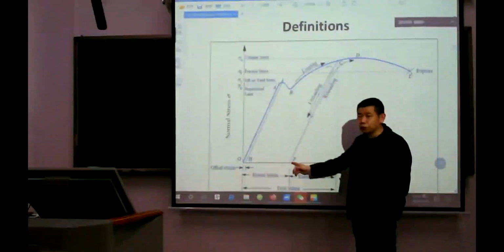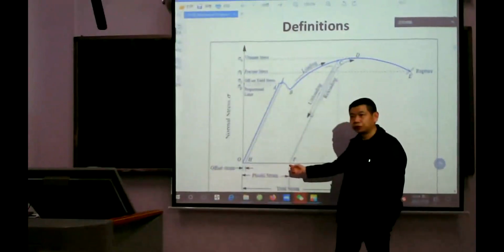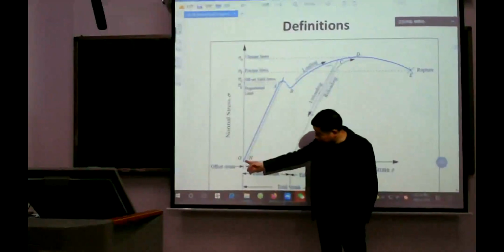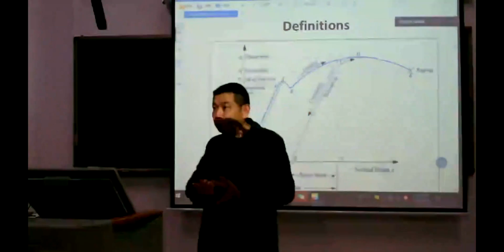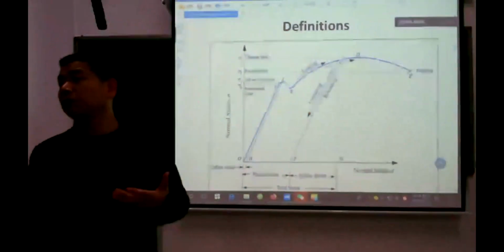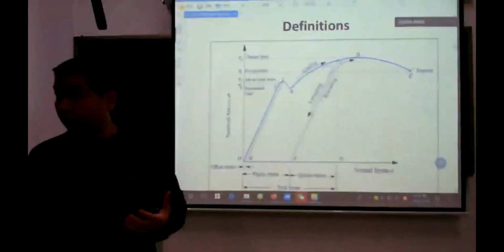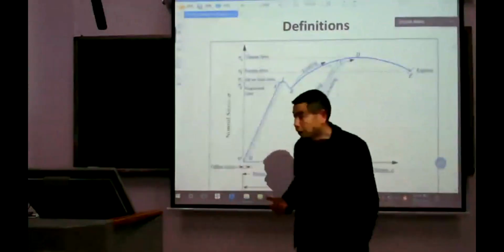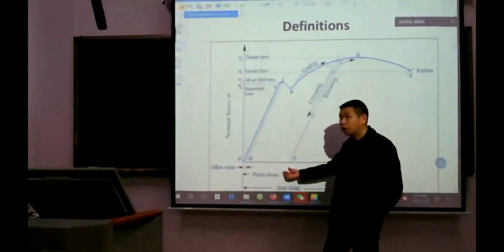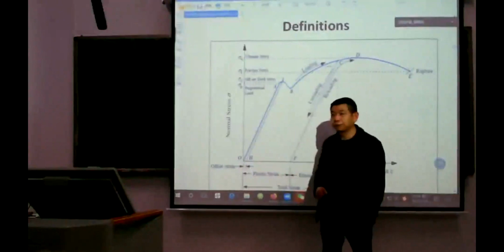When all the loading is removed, there is still strain. There is no load on the member, but the deformation doesn't disappear. We call this kind of deformation plastic strain.